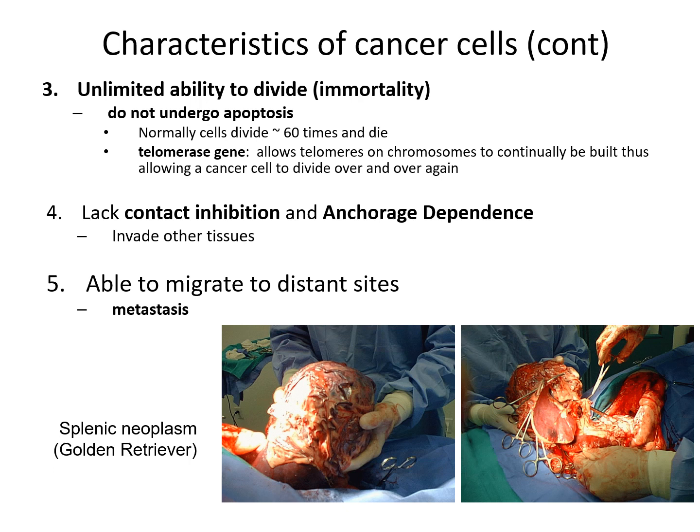The third characteristic is they don't die. They're immortal. They have the unlimited ability to divide. Normally, telomerase is a gene that allows telomeres on chromosomes to be built. So in other words, normally when a cell undergoes cell division, the telomeres are the binding site and they get clipped off.